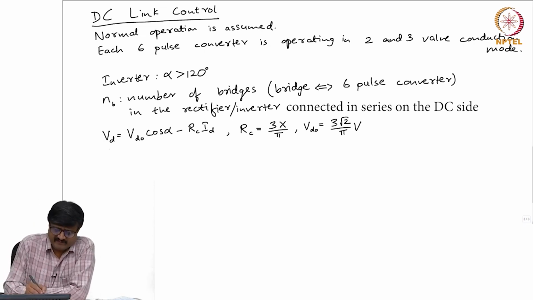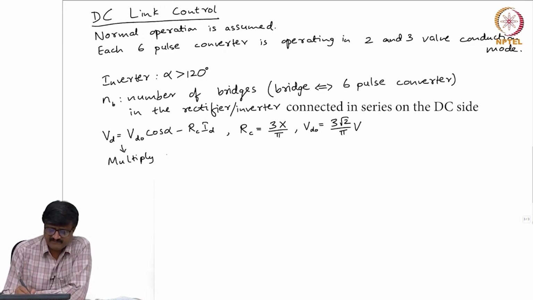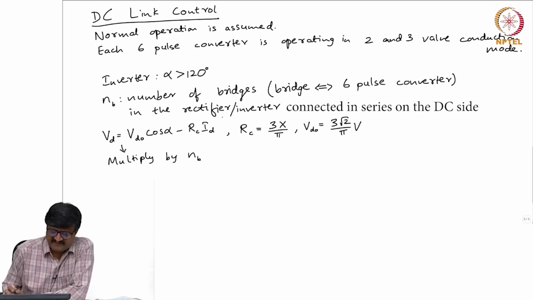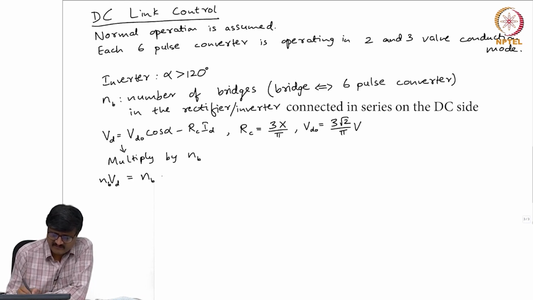Now, if I multiply this equation by NB, I get NB into Vd on the left hand side, and on the right, NB into VDO cos alpha minus NB RC Id.